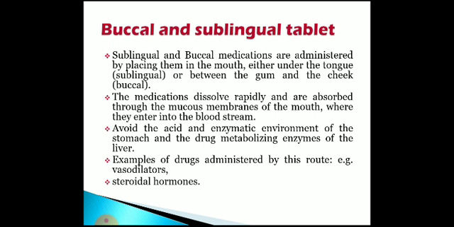In this case, it avoids the acid and enzymatic environment of the stomach and the drug metabolizing enzymes of the liver. Among the drugs administered by this method are nitroglycerin, a vasodilator, and steroidal hormones.